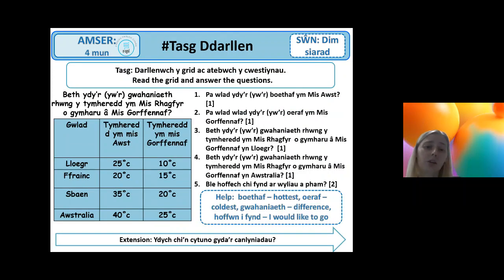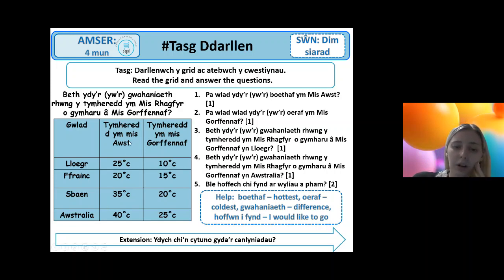So this is a graph-based question which could come up in your reading and writing exams. So it says, beth ydy gwahaniaeth rhwng y temperoedd yn mis Rhagfyr, o gymharu a mis Gorffennaf. So they've given you different countries, and they've asked the question, what's the temperature difference in these countries between Rhagfyr, December, and Gorffennaf, July?